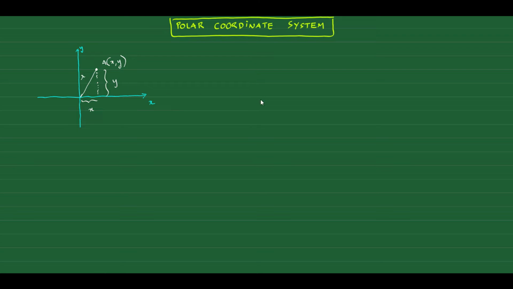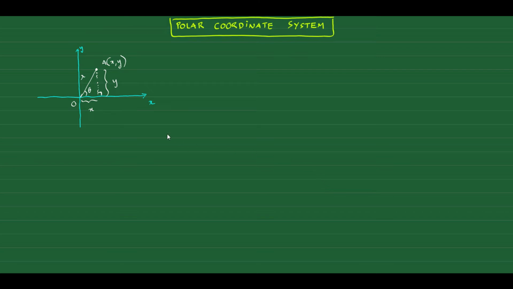So you see that we have a right triangle here, and the distance R is the length of the segment over here. The segment creates an angle with the positive x-axis, so I'm going to call this angle theta.